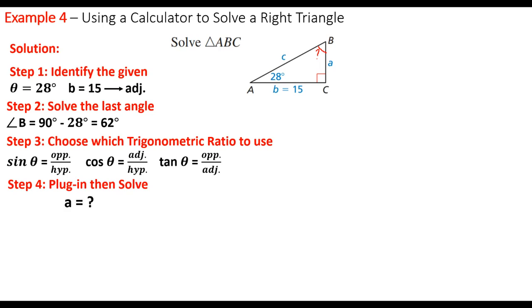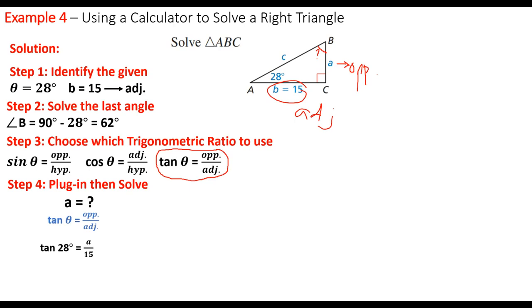Say for example you want to solve for A first. Using our 28 degrees as our reference angle, A will be your opposite side, and 15 here is your adjacent side. So we have your opposite and adjacent. Going back to the trigonometric ratios, we have opposite, adjacent, and theta, so to solve for A, we will be using tangent theta. We just need to plug in our given.